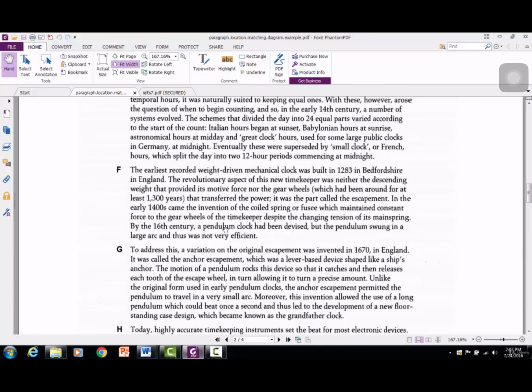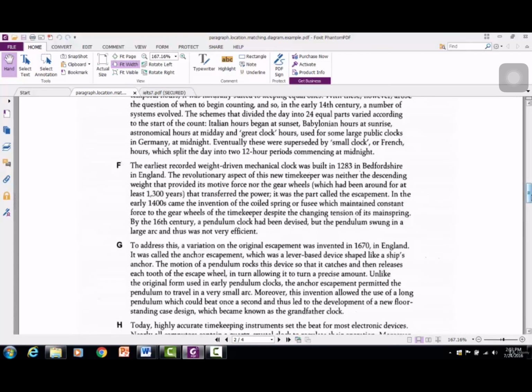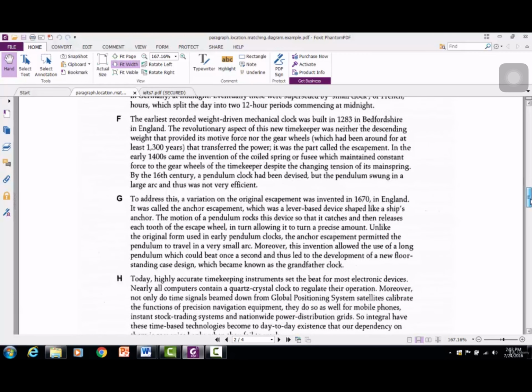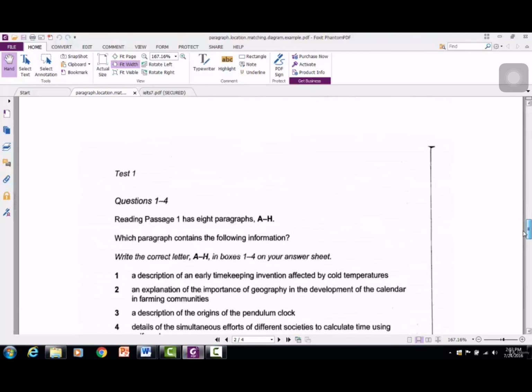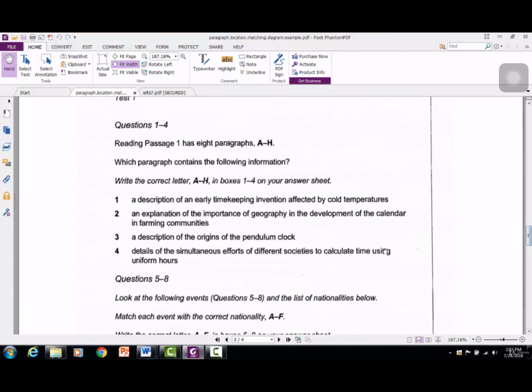Yes, I see something about a pendulum clock right here. When I was looking at that paragraph about England, that jumped out to me. So that means that number 3 is F, the description of the origins of the pendulum clock. That's paragraph F.